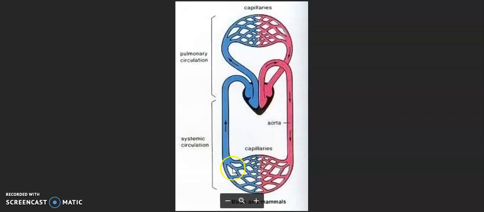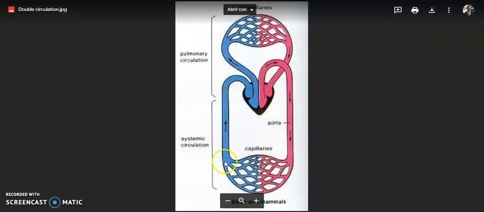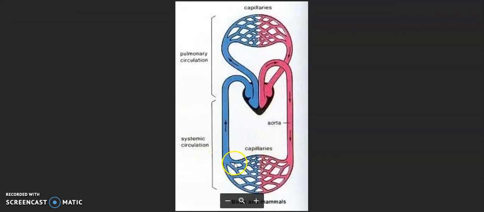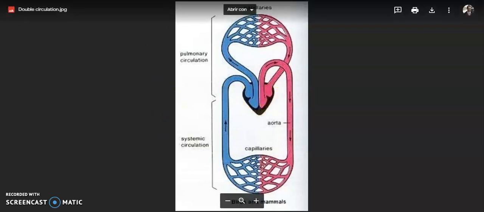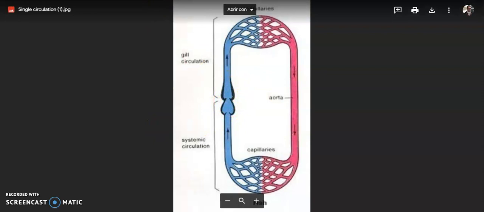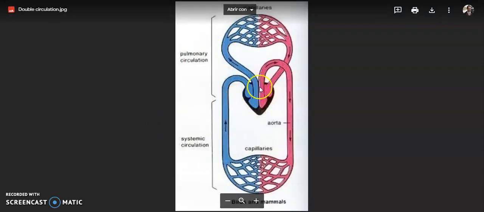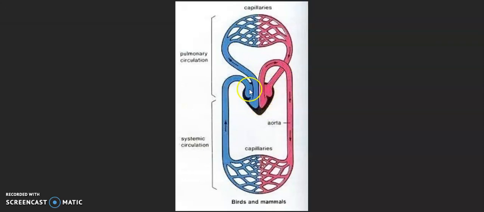Obviously the blue is a representation. Blood is always red, a little bit brighter, a little bit less bright, if you wish. But then that blue blood has to return to the first heart, the right heart. I insist on this idea, gentlemen. Unlike fish that only have one heart, we have two hearts, a right heart and a left heart, each one with its atrium and ventricle, each one with a valve between the atrium and the ventricle that doesn't let the blood go backwards.